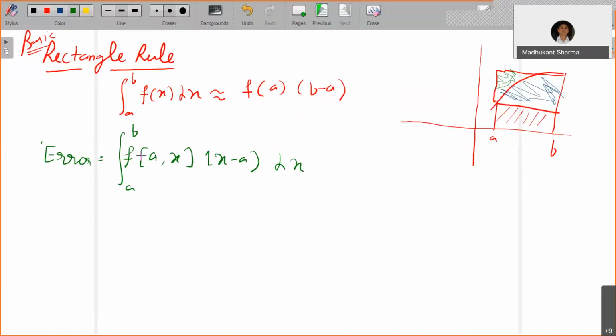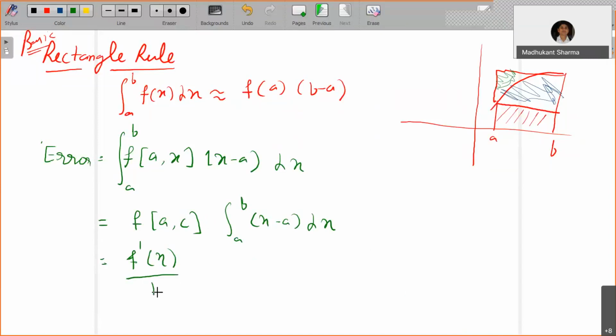Now you can use the mean value theorem for integrals, because this is continuous and this does not change sign. So you can use the mean value theorem here. That is going to be f of a comma c for some point c in the open interval a to b, times the integration a to b of x minus a dx. And if you assume that f is differentiable once, that is going to be f dash at some eta by 1 factorial, times x minus a whole square by 2.